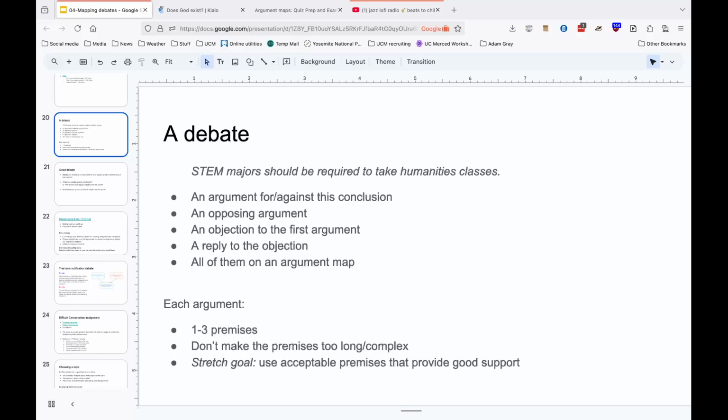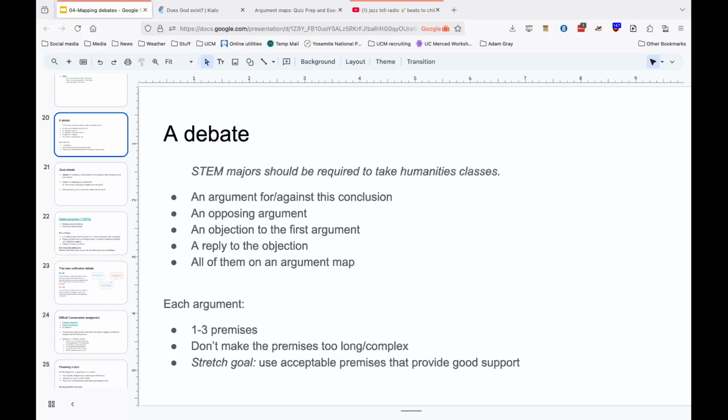We have this terminology of opposing arguments, objections, and replies. Of those three, which is that argument? Is it an opposing argument, an objection, or a reply, and why? Nick, right? It's an opposing argument because it directly opposes the conclusion. Good. It's an opposing argument because it challenges the conclusion.